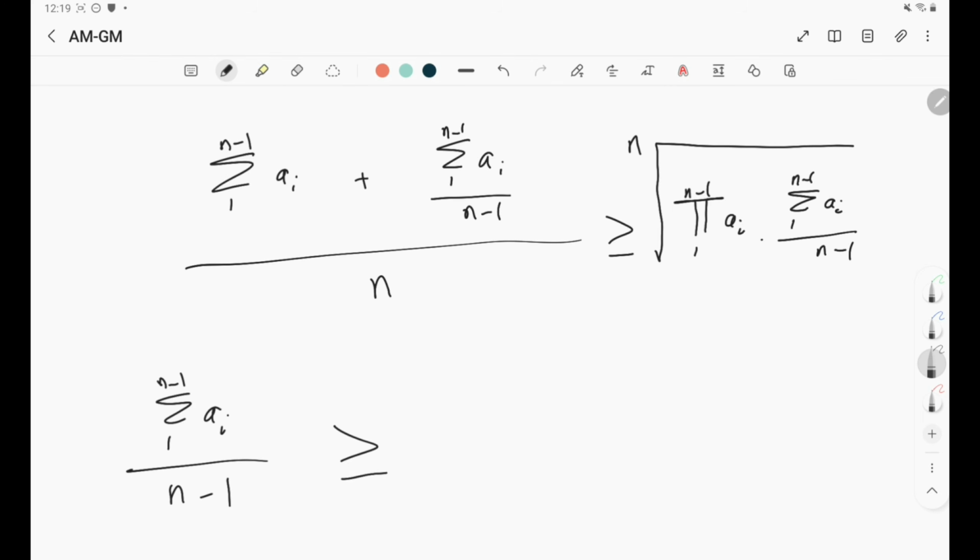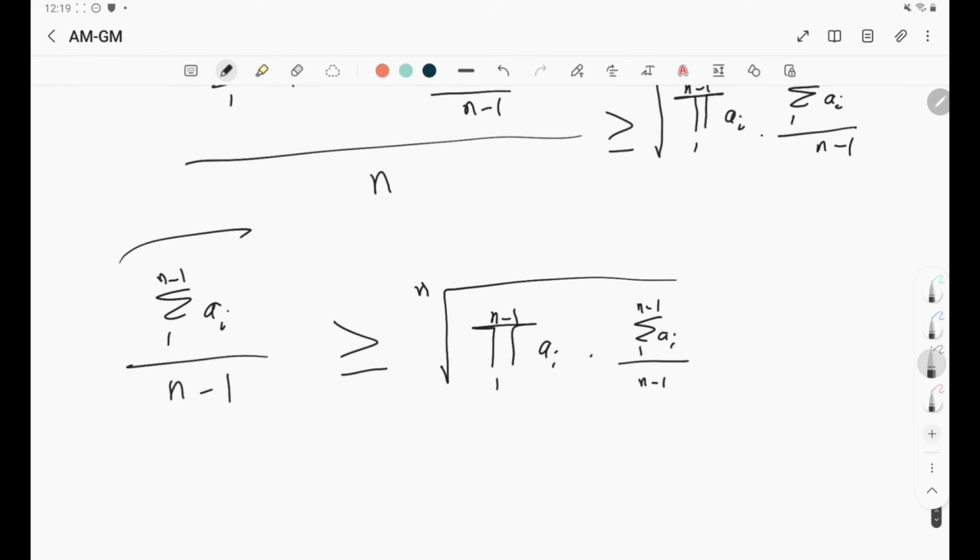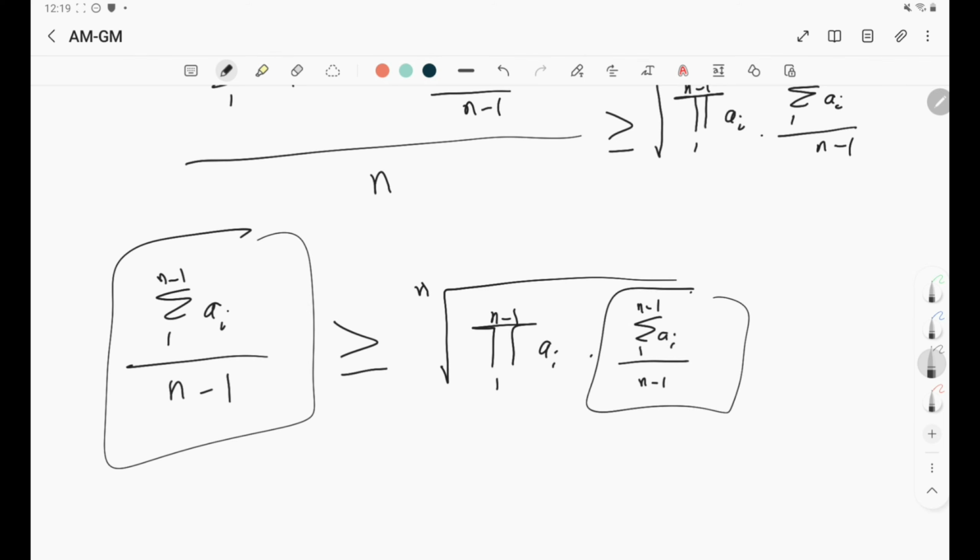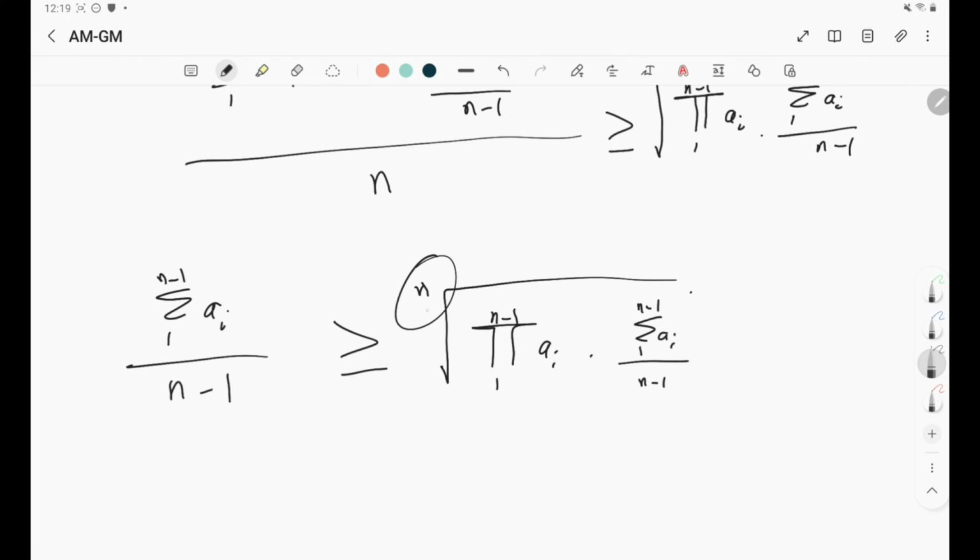This is the left hand side. The right hand side is still this times this. Okay, now also we have something nice. This and this, they are the same. So let's cancel them. It's a bit confusing how we can cancel that, having the nth root here.